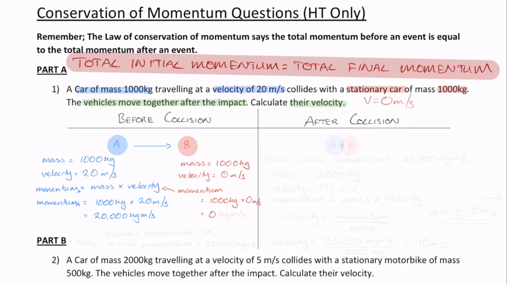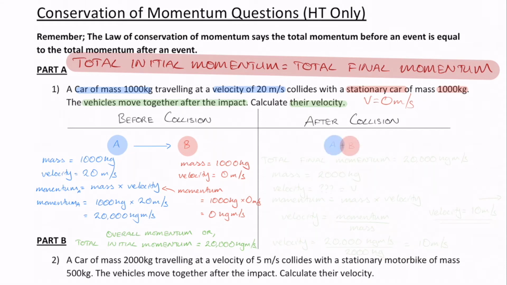This is equal to 0 kilogram meters per second. So now the overall momentum, or a better way of saying it, total initial momentum is equal to 20,000 kilogram meters per second.